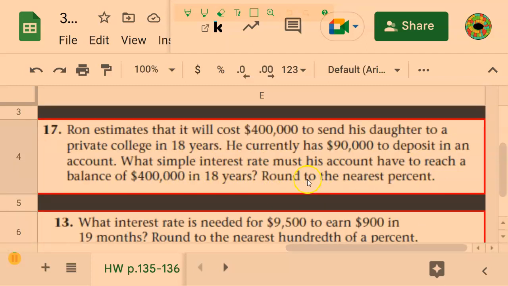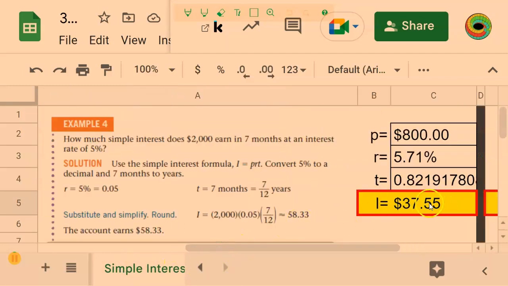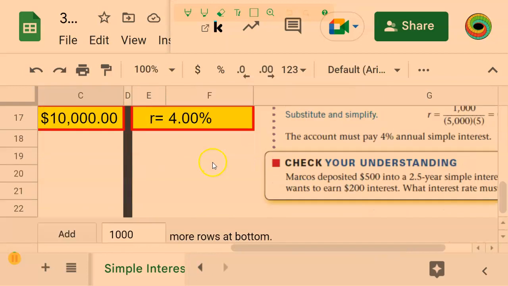Another interest question. This one says Ron estimates that it'll cost $400,000 to send his child to private college in 18 years. He currently has $90,000. What's the interest rate it's going to take for that to happen? Okay, so that's going to be something like this when you're trying to find out what the rate is.